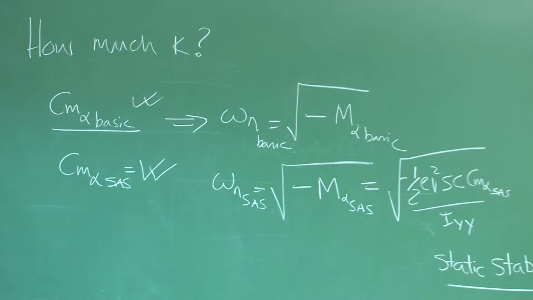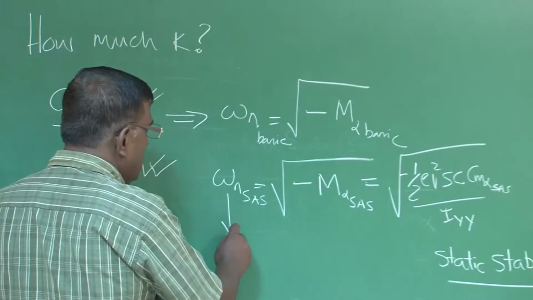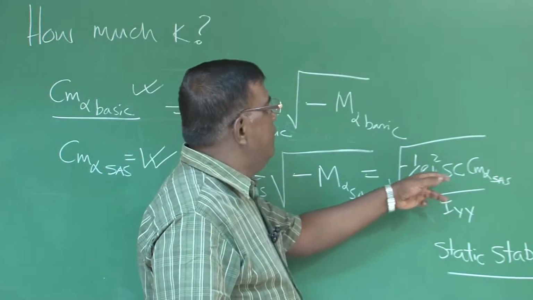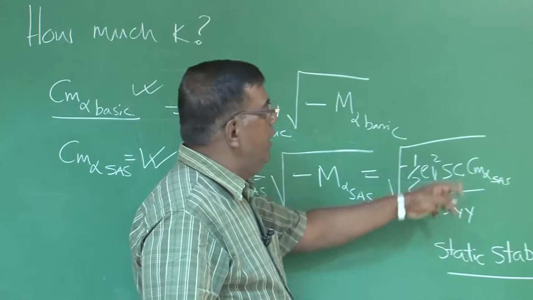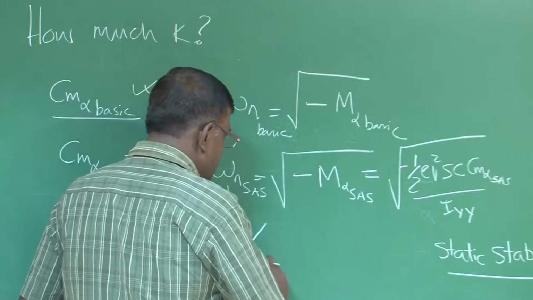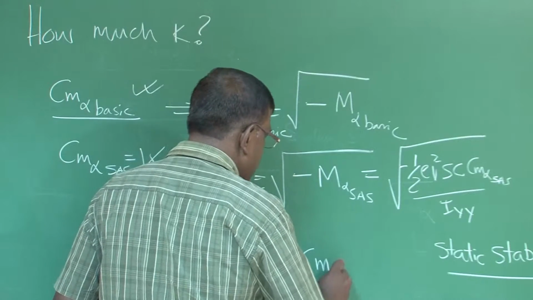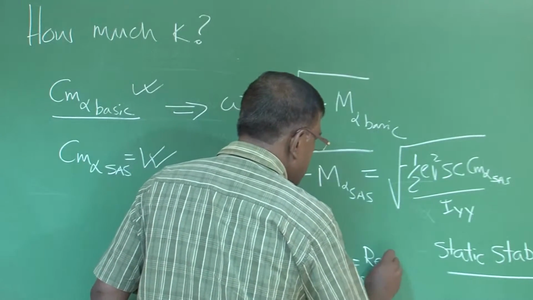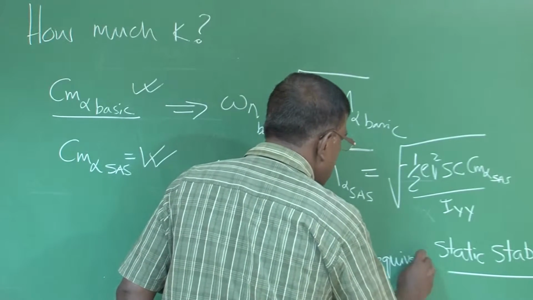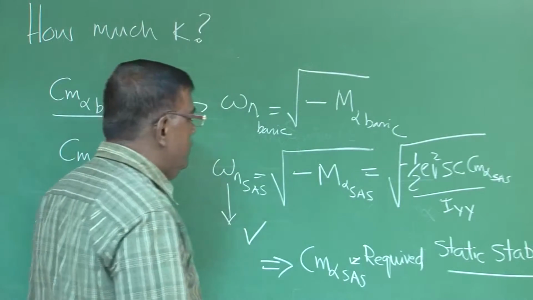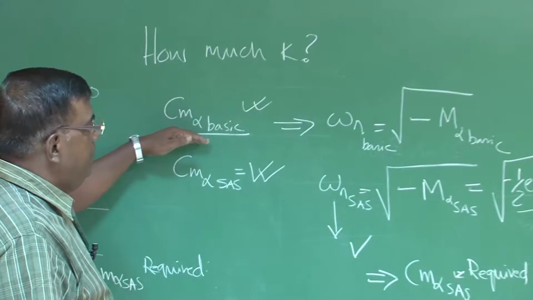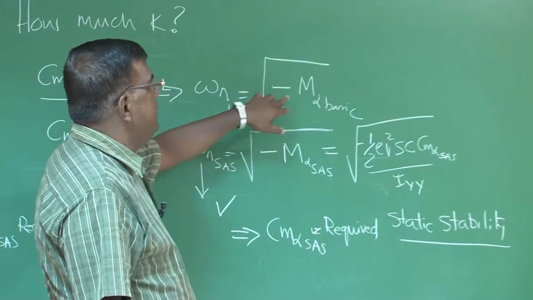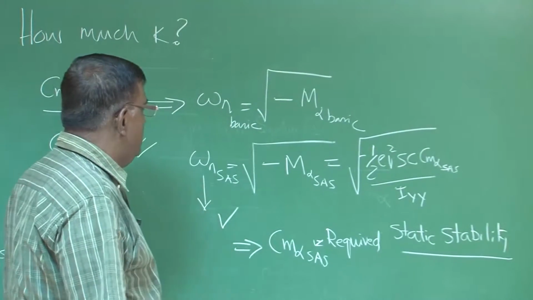So, if I know this value, how much I need, this is known. And if I know at what altitude I am flying, I know S, c, I know Iyy. So, from here, I can easily find out what is Cm alpha SAS required. You understand this? We know what is Cm alpha basic, and from there I know what is omega n basic, that is given by m alpha basic.